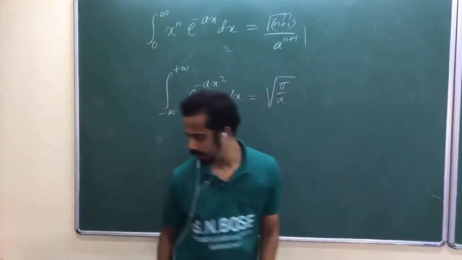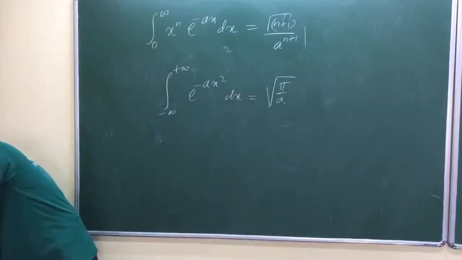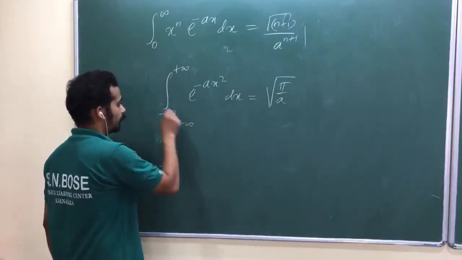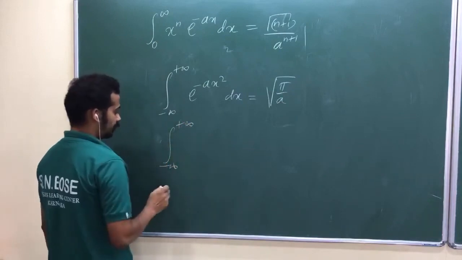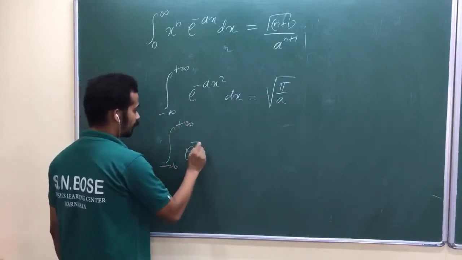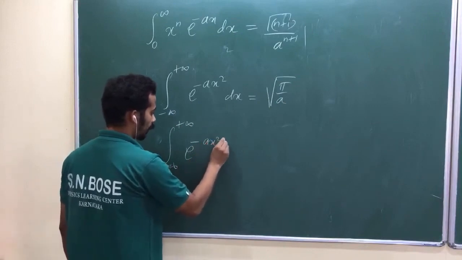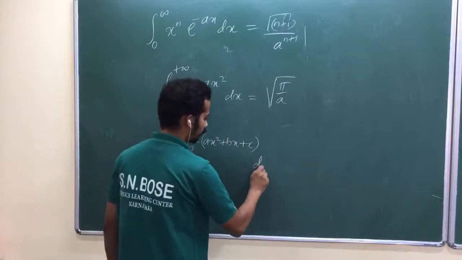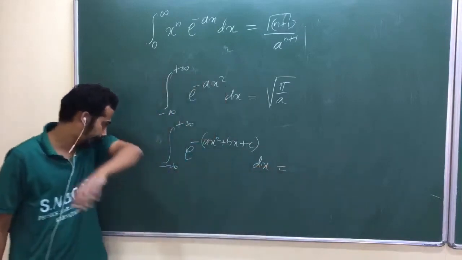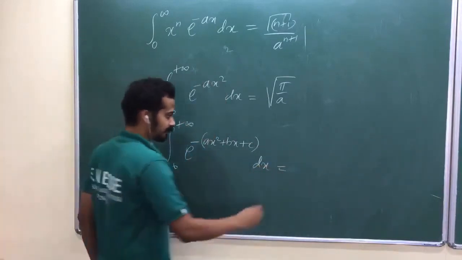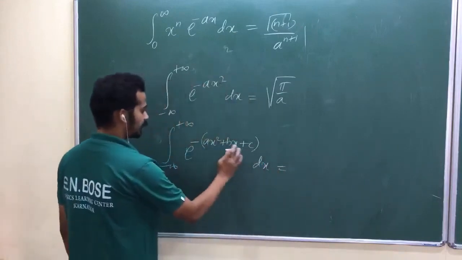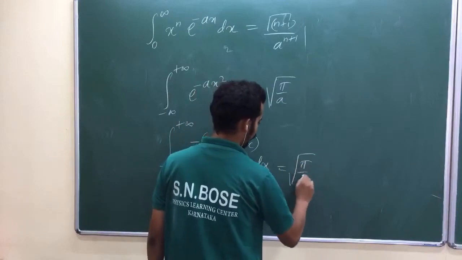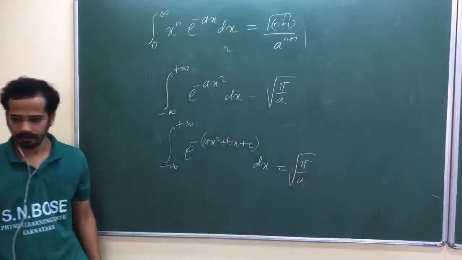I need one more. It is similar to this one, but it needs a lot of substitution and rearrangement. Integral from minus infinity to plus infinity of e power minus a x square plus b x plus c. I need this integral. I'm going to use this one very many times. If b and c are 0, this should be equal to root of pi by a. That's why this root of pi by a will be there.